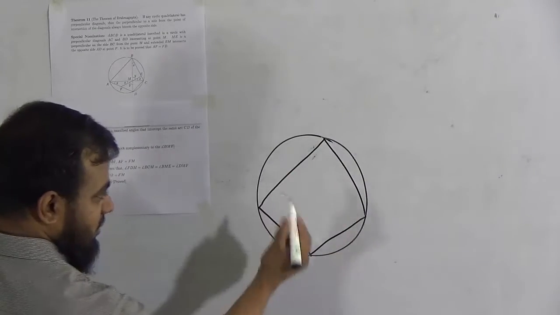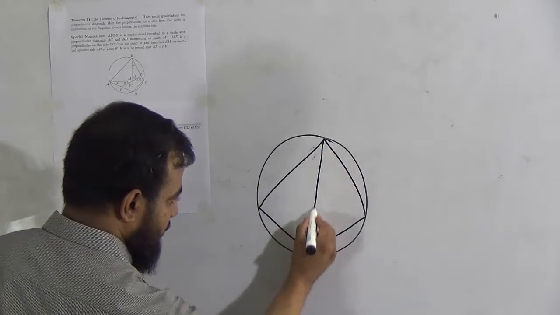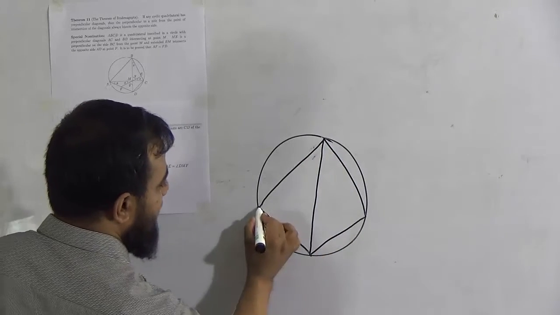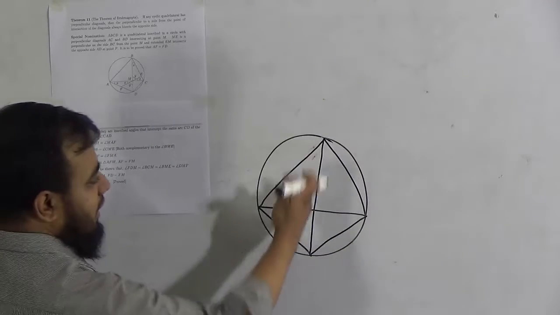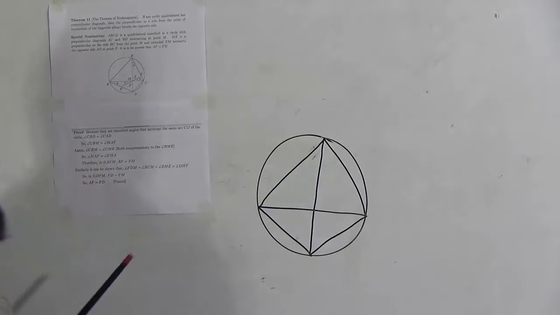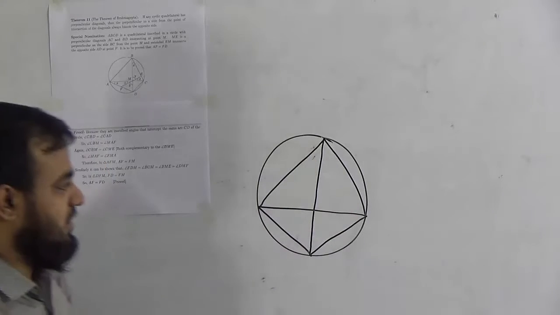It is a cyclic quadrilateral, and the diagonals of this quadrilateral, this one is a diagonal and this one is another diagonal. If these two diagonals intersect perpendicularly, then what happens?